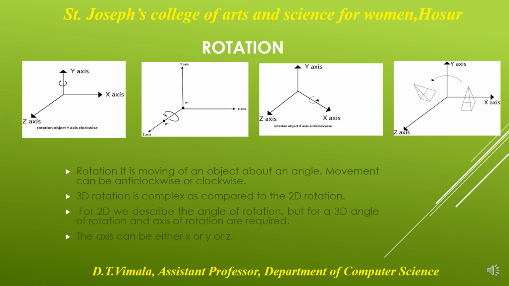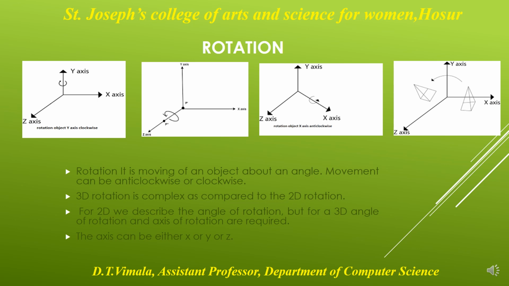The next transformation is rotation. Here, rotation is the moving of an object by an angle. The movement can be anti-clockwise or clockwise. 3D rotation is more complex compared to 2D rotation. For 2D, we describe only the angle of rotation, but for 3D, both the angle of rotation and the axis of rotation are required.